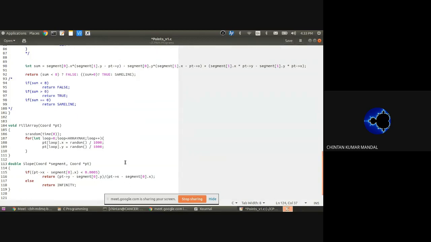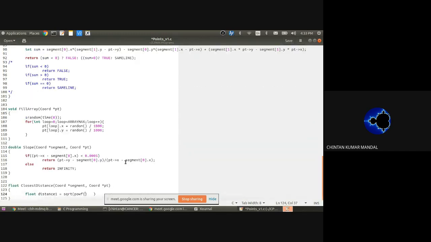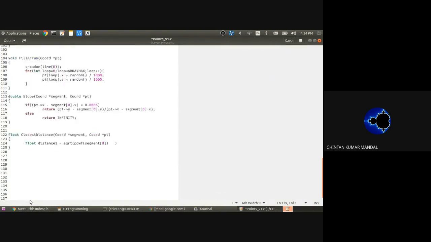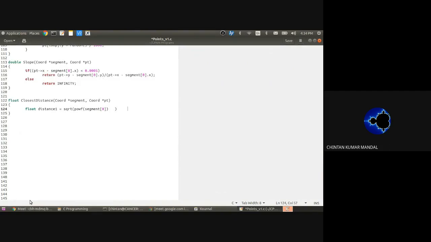It's basically segment 0 dot x minus pt x, comma 2.0.